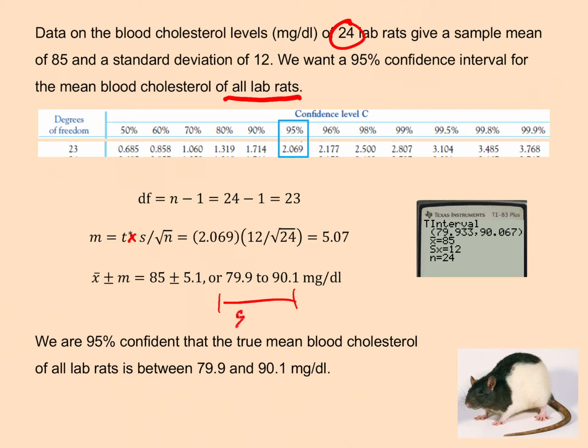So that is our 95% confidence interval. This means we're 95% confident that the true mean blood cholesterol of all lab rats, the population, is between 79.9 and 90.1 milligrams per deciliter. And we came to that estimate based on a sample of 24 lab rats.